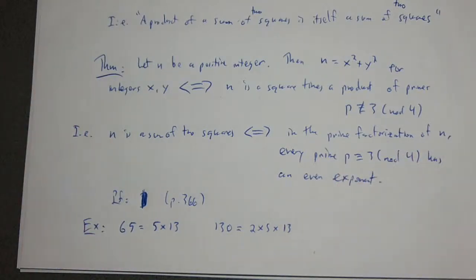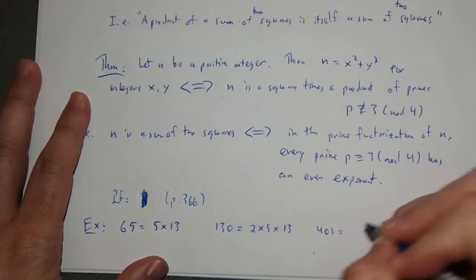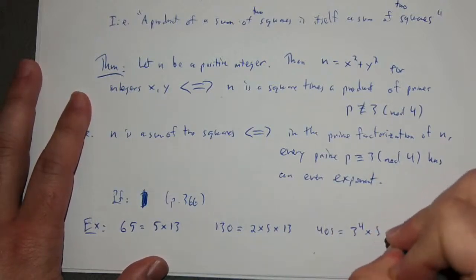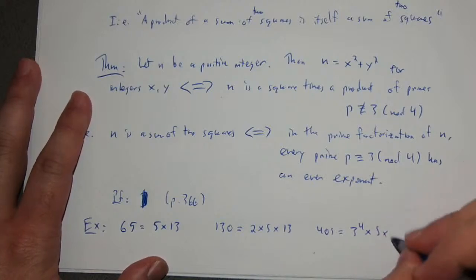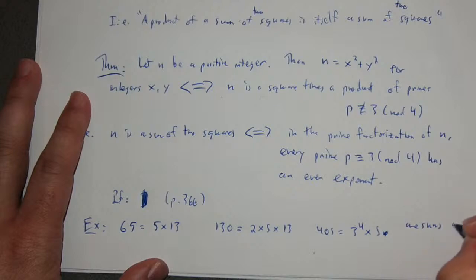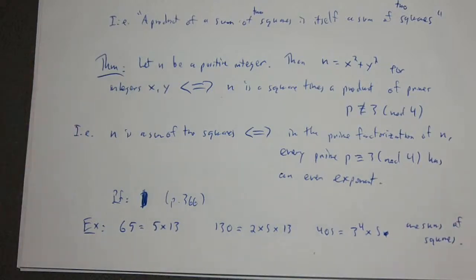And 405 is 3 to the 4th times 5. These are sums of squares. And you can try to find those quick. If you want to see the process for how you would come up with an algorithm for writing a prime congruent to 1 mod 4 as a sum of two squares, you can see that on page 367.